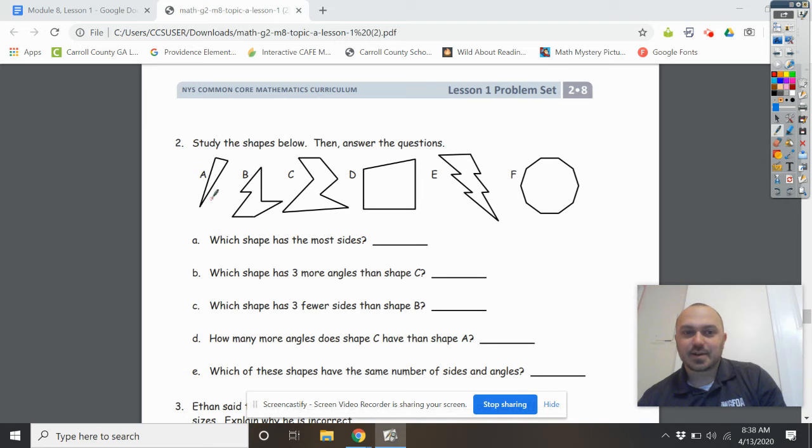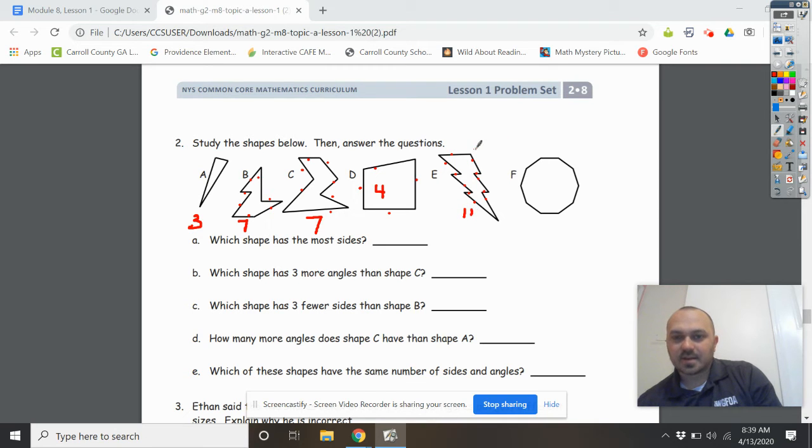So let's go ahead and identify underneath how many sides each one has. 3. 7. 7 here. Go to C. 7. 4. Then 11.